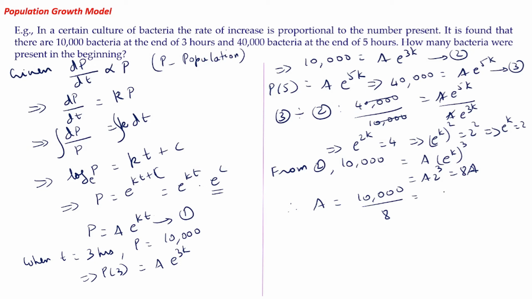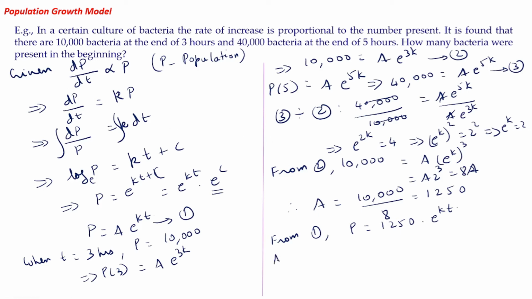When we divide 10,000 by 8, we get 1250. We get A as 1250. So the equation is P equal to 1250 into e raised to Kt. Now we need to find how many bacteria were present in the beginning.